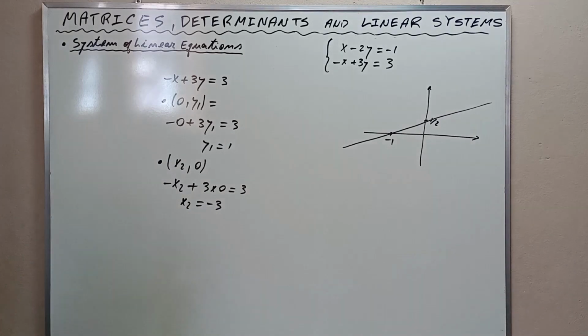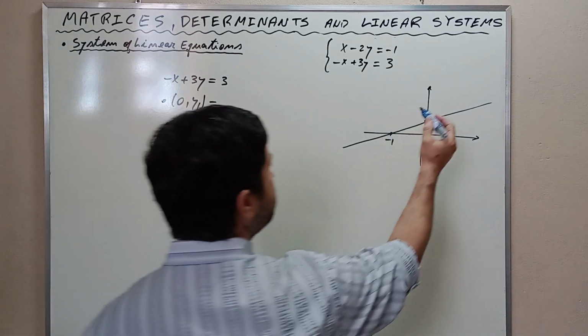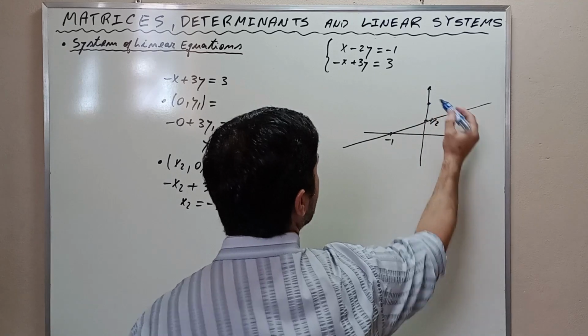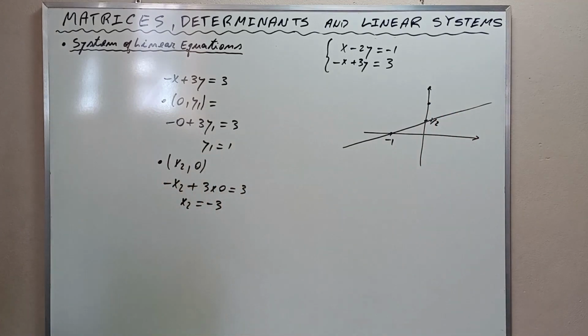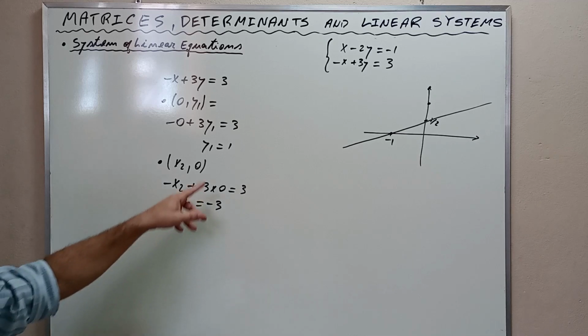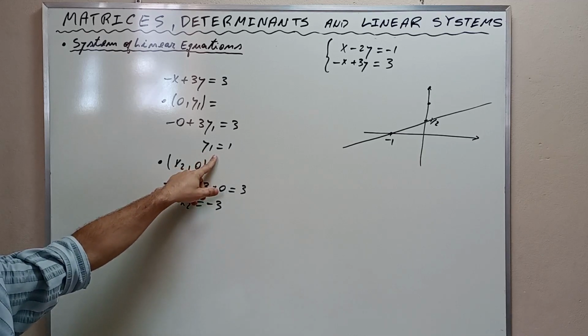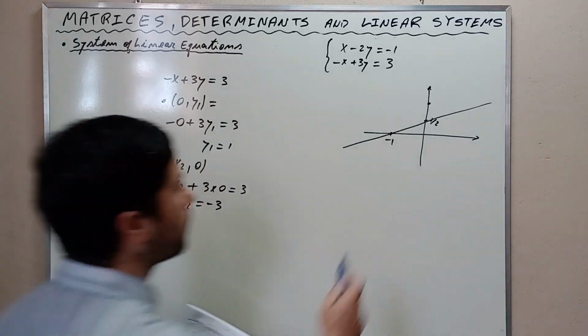And we plot in a similar way. We're going to have here the point of intersection with the y-axis. We have 0 and 1.